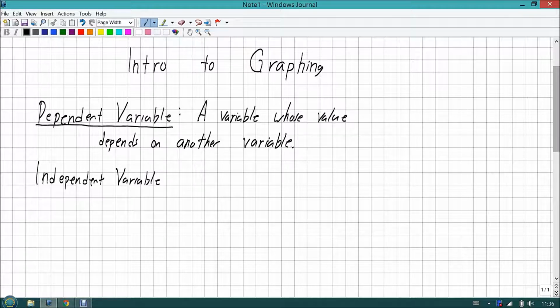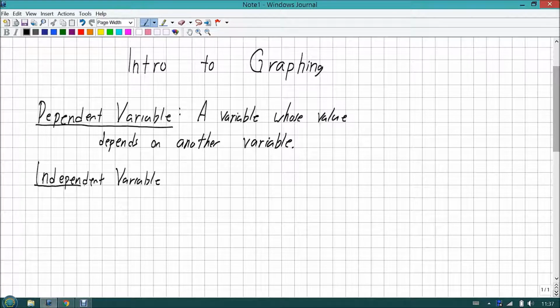So, for an example, the price of gas. Gasoline prices are determined by the price of oil. If oil goes up, gas prices go up. If oil price goes down, well, gas prices go down. So dependent variables would be things like the gas price.